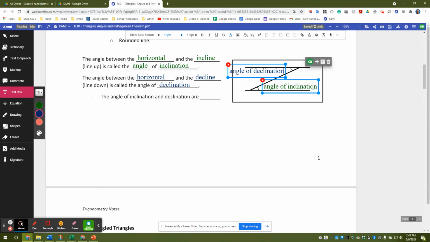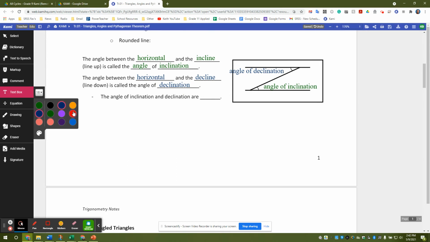Okay, so this one also can be considered elevation. We're elevating, and this one can also be the angle of depression. Okay, so it could also be elevation or it could be depression, and I'm going to just put those in another color, just so we have another view of this here. We can also call this angle of depression.